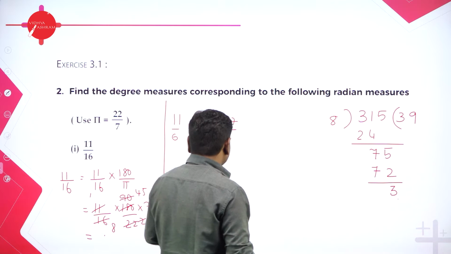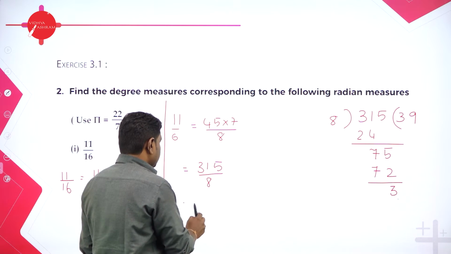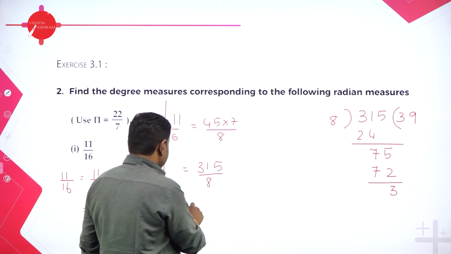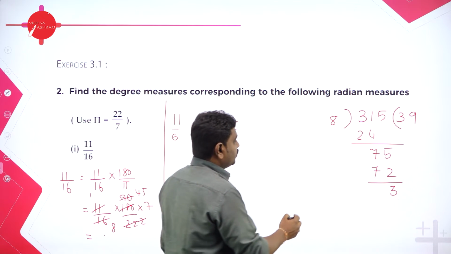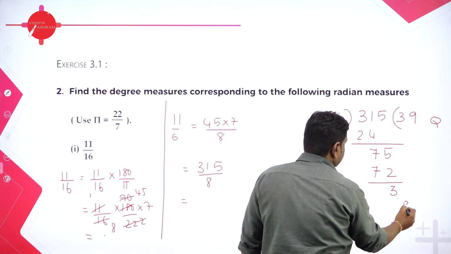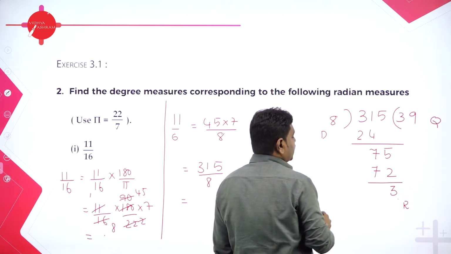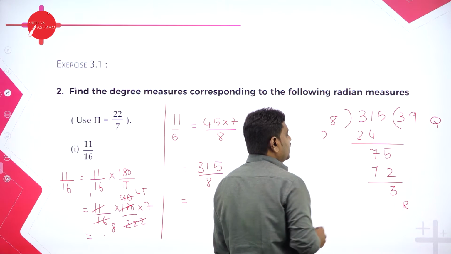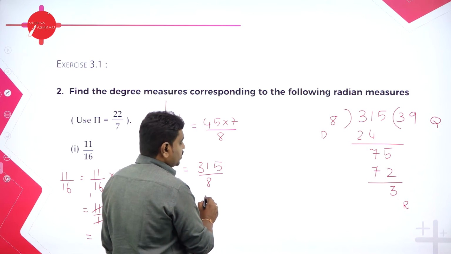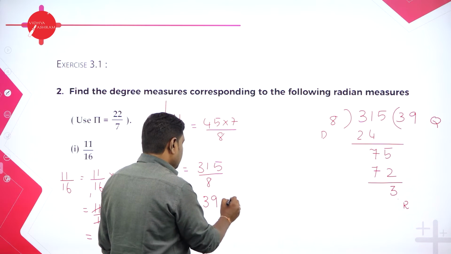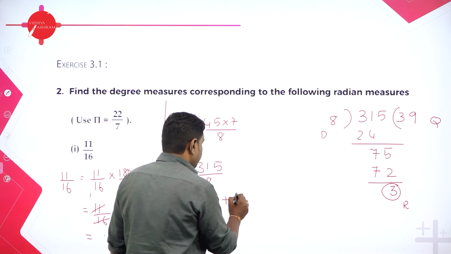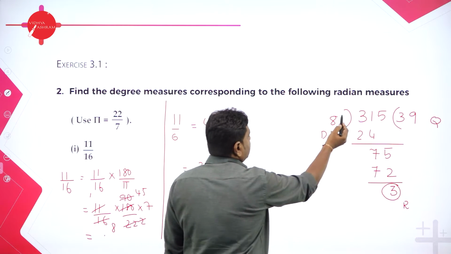So now please understand this fractional part. The fractional part, or 315 by 8, can be written as quotient plus remainder by divisor. This is quotient, this is remainder, this is divisor. So this 315 by 8 can be written as quotient, which is 39, plus remainder, which is 3, by divisor, which is 8.